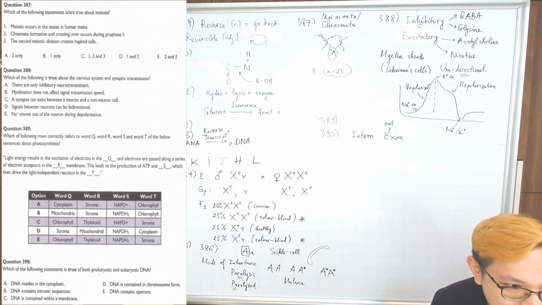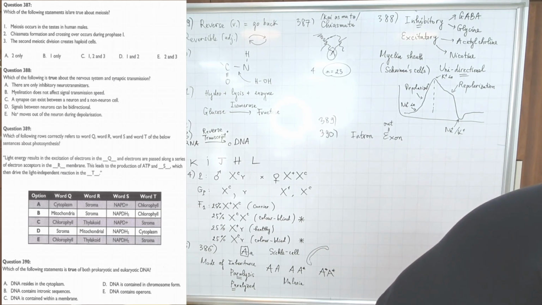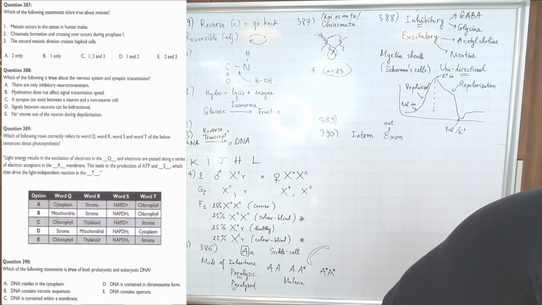D, right? What? Why D? They say eukaryotic DNA is contained within a membrane, whereas prokaryotic DNA does not contain intronic sequences, but does contain operons and reside in cytoplasm.